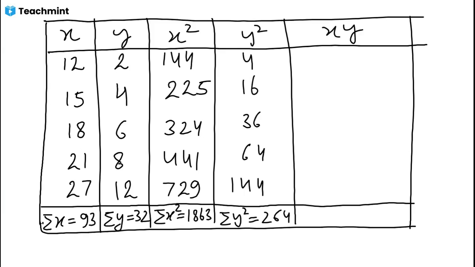And for x into y, we have 24, 60, which is 15 into 4, and 18 into 6.